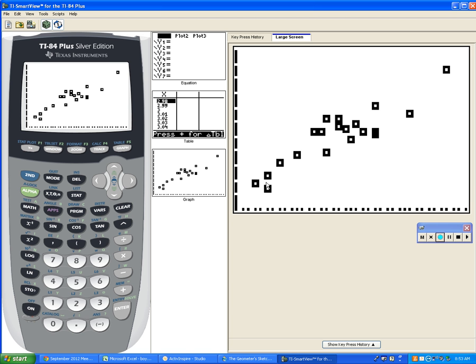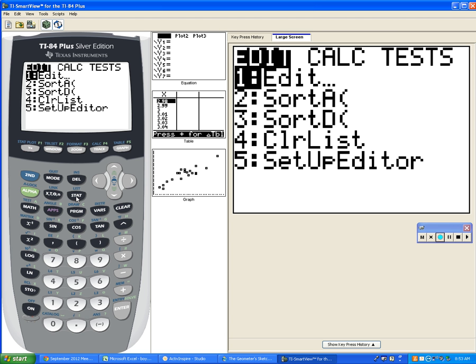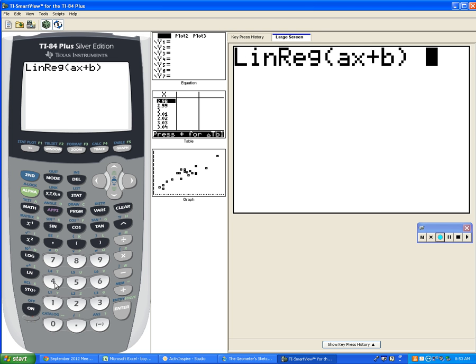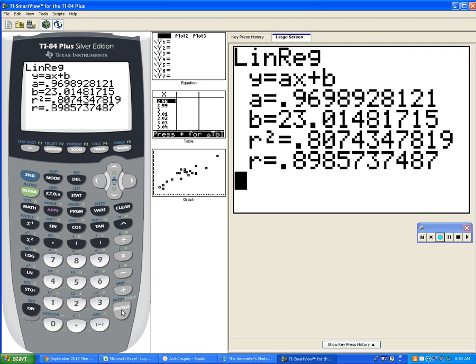So the way we're going to find the linear function that goes with this data is you're going to hit the stat button again, then scroll over to the right to the calc menu, and we chose linear, which is number 4. So hit number 4, and then hit enter, and that gives you the equation of the data. You have to go to the very bottom and then hit enter.